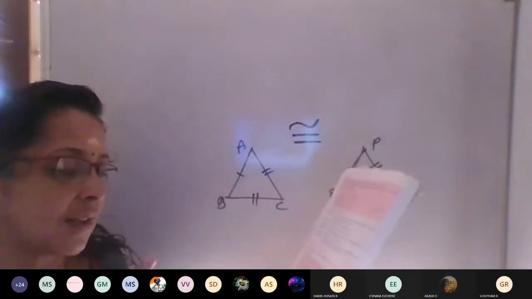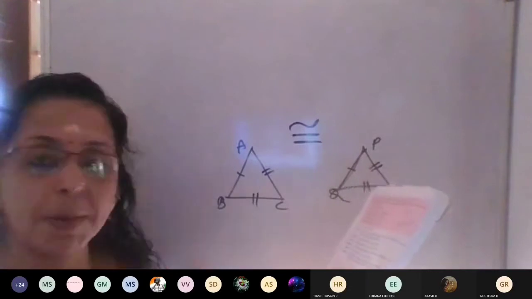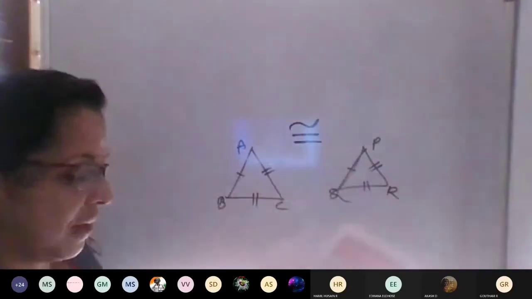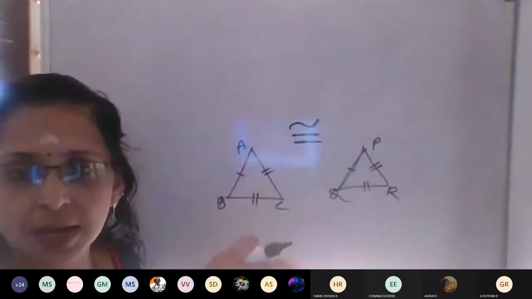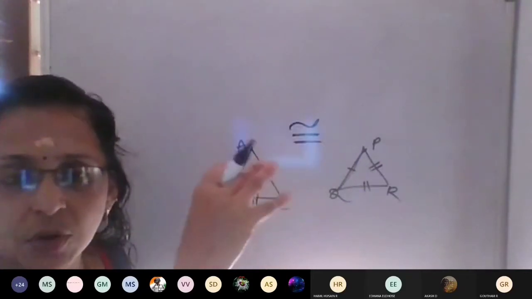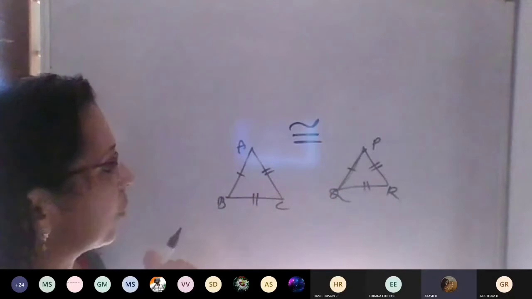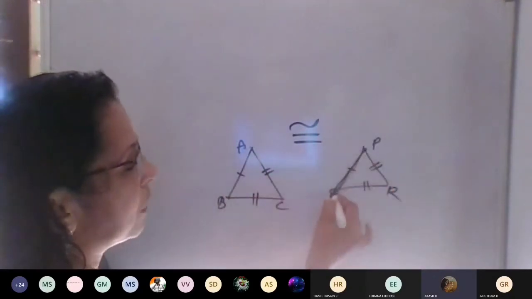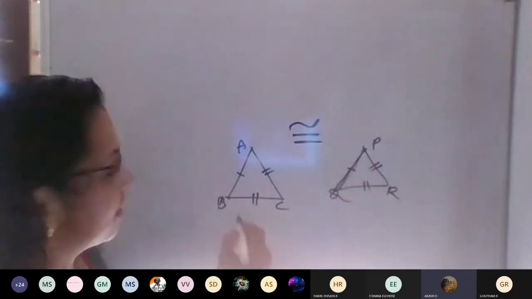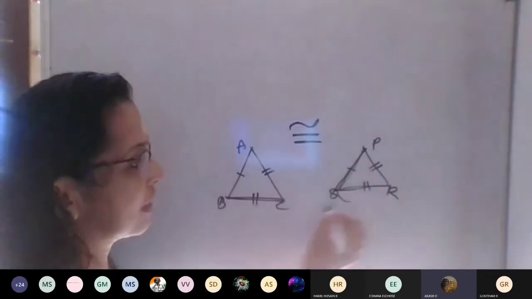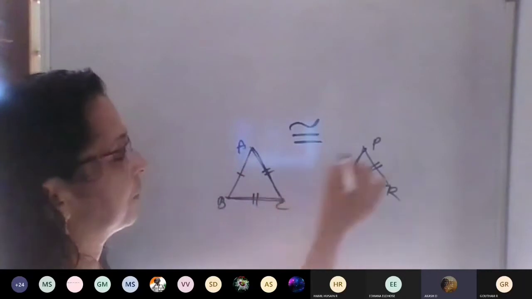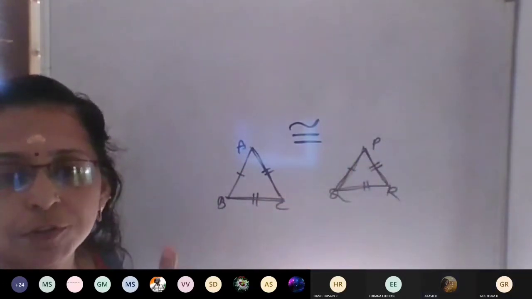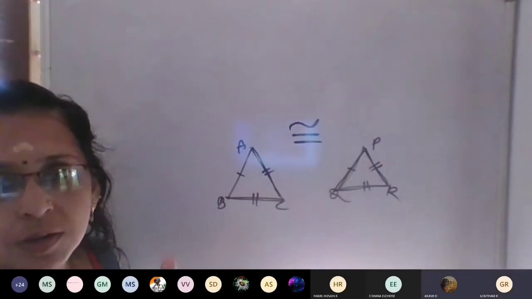In congruent triangles, the sides and angles that coincide by superposition, that is, placing one figure over the other, the same side is known as the corresponding side. AB and PQ are the corresponding sides. BC and QR are corresponding. AC and PR are the corresponding sides. Understood all of you? Yes, ma'am.